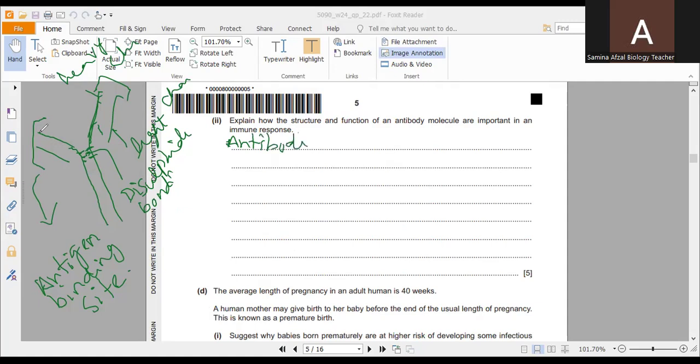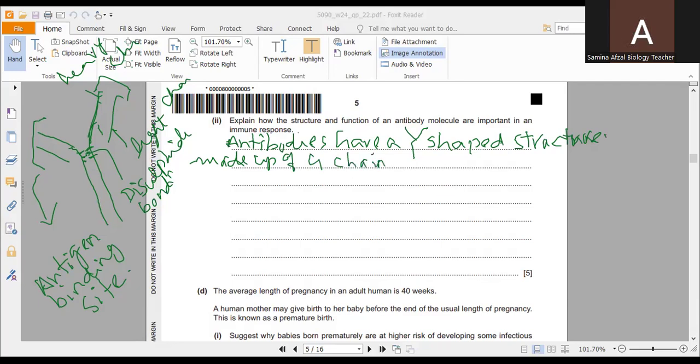Antibodies have a Y-shaped structure, and I already told you they are made up of four chains, two heavy and two light chains.